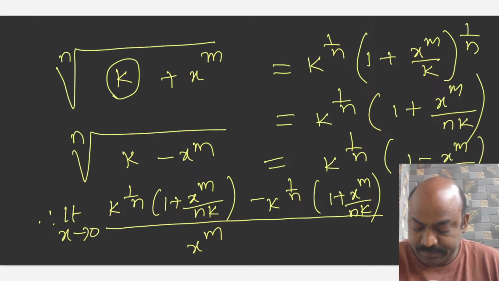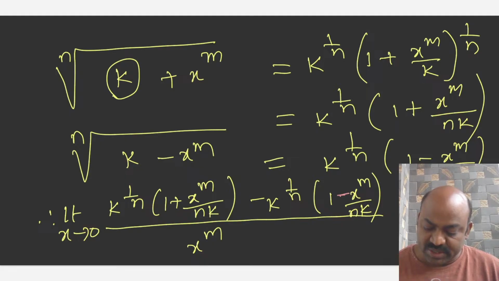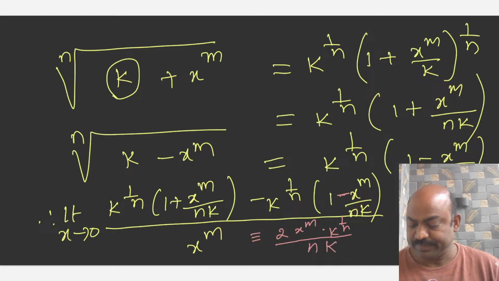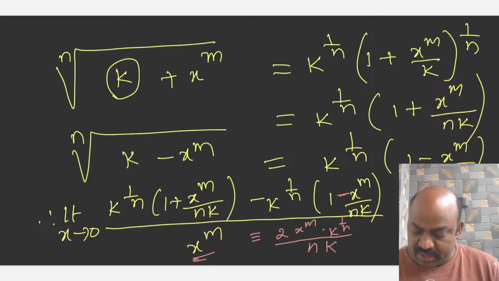Clear, my dear. Now what is happening? Here it is minus, minus. So this is gone, x power m gone. So what is left is 2 times x power m into k power 1 by n by nk, into, in the denominator you have x power m.